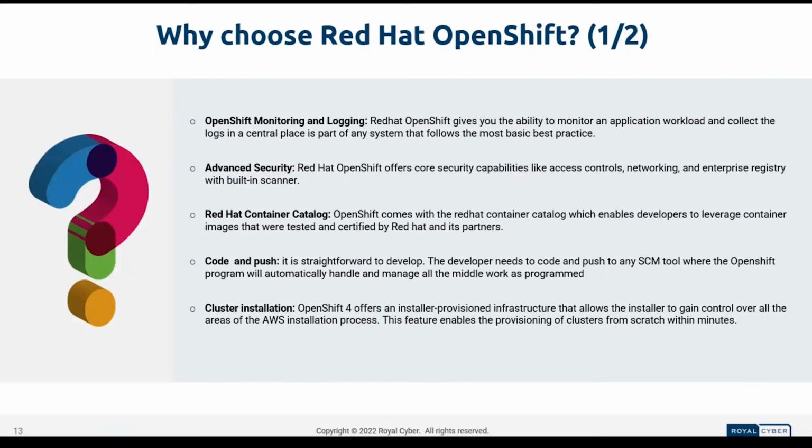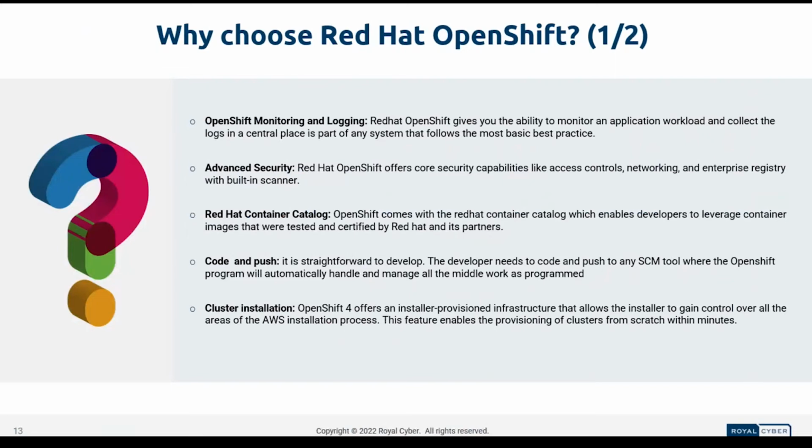One of the most important features of OpenShift is advanced security, including role-based access control or RBAC, security context constraints, SCC, and certified and tested images from Red Hat or from its partners.